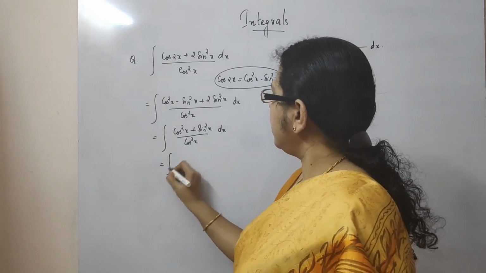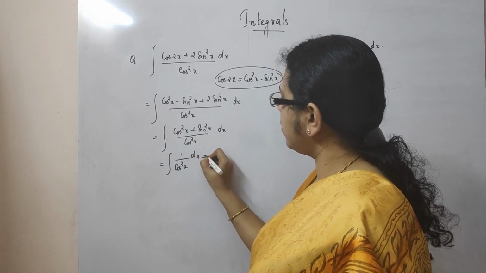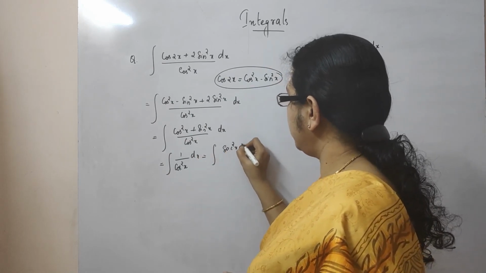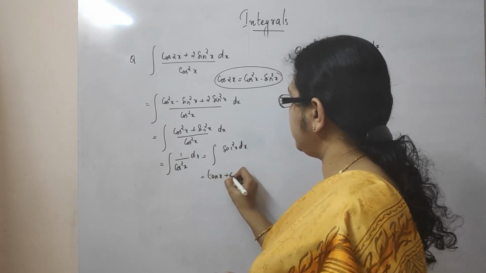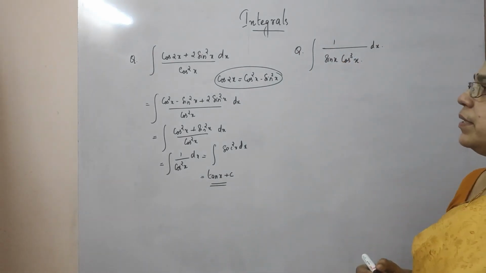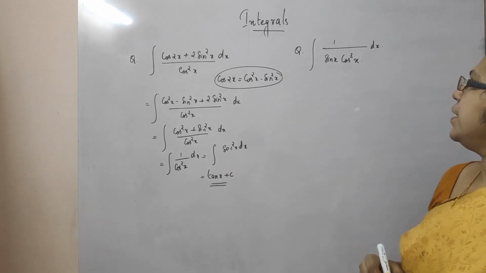So, this is integral of 1 by cos square x into dx, because sine squared x plus cos squared x is what? 1. So, this is sec square x into dx. What is integral of sec squared x? Tan x plus c. Okay. This is quite simple as it is. But this is again a board question. Okay. Now, coming to the next one.